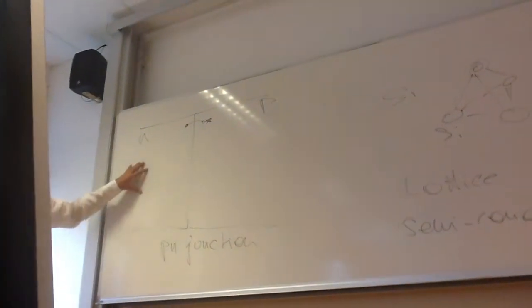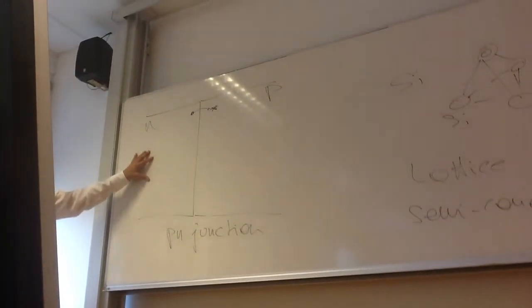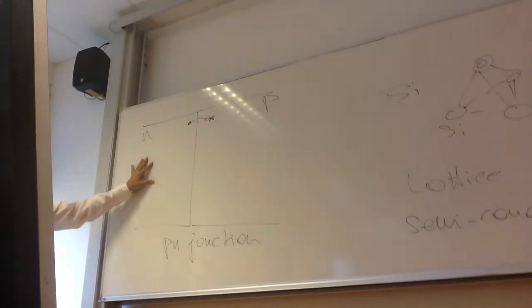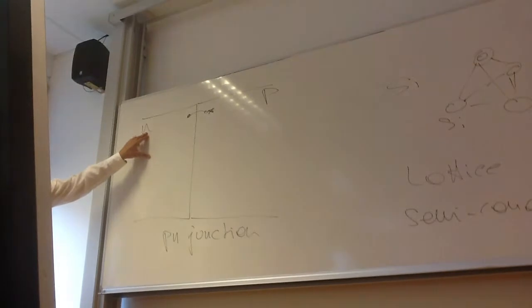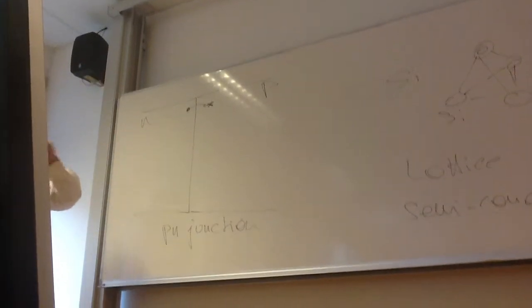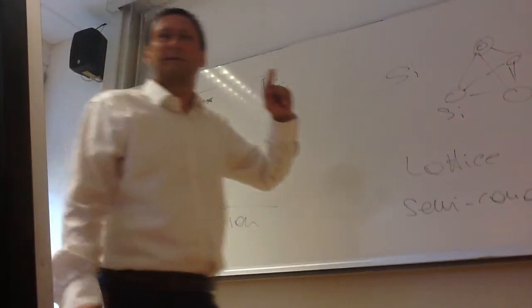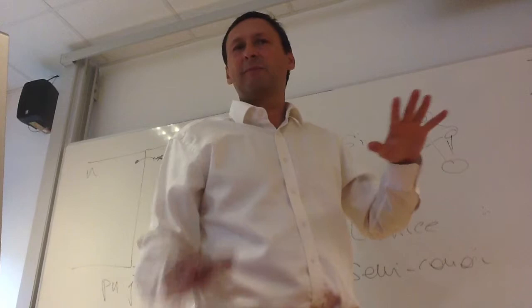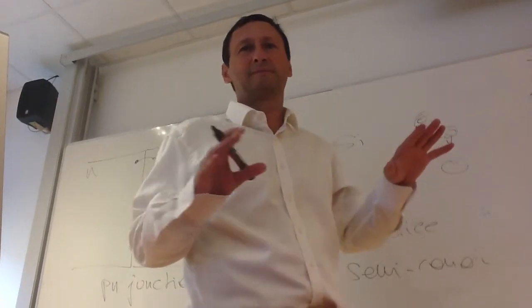On both sides we have the same amount of protons and electrons, so that's neutral. So if we do an N doping, that does not mean that we have more electrons than protons. The number of electrons and protons is always the same and the material is neutral.